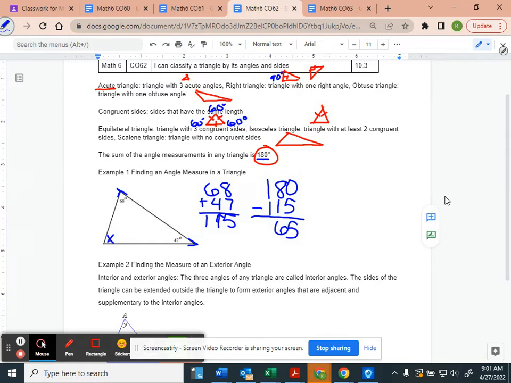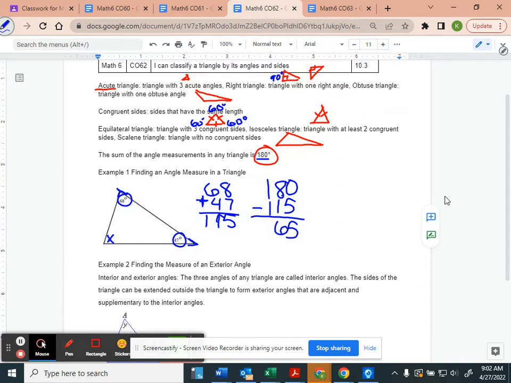So to solve it, you add the two angles that you know. You add them up, and then we're going to subtract that from our 180 degrees, because that's what all three angles will always equal. In a triangle, they always equal 180 degrees. Good to remember that.